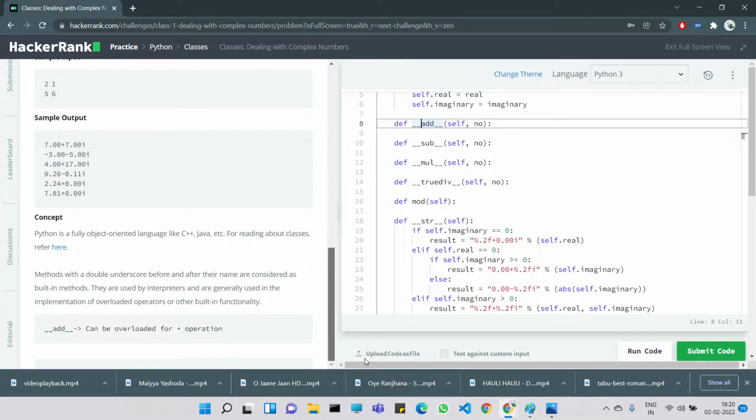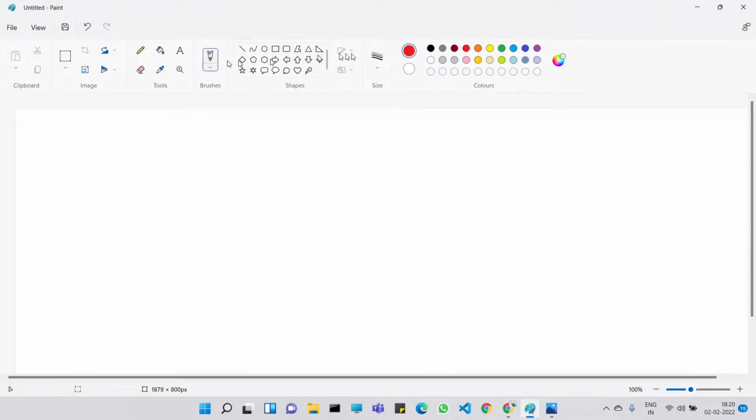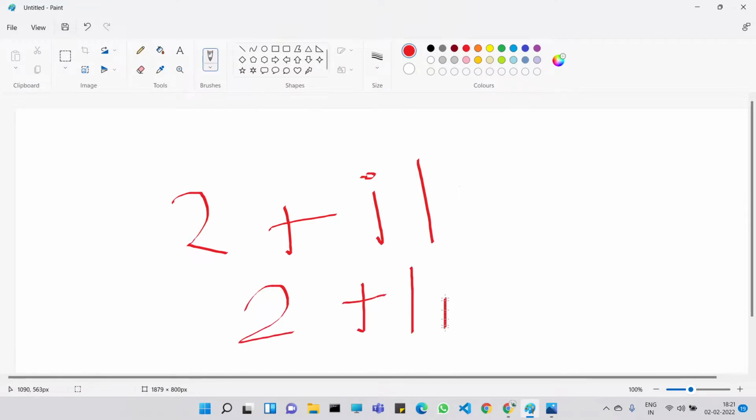this 2 and I2 is going to be the real part and I1 is going to be the imaginary part. So it will be represented in this format, 2 plus I1 or 2 plus 1I, and both are fine. Here as well, this is the way it is represented.